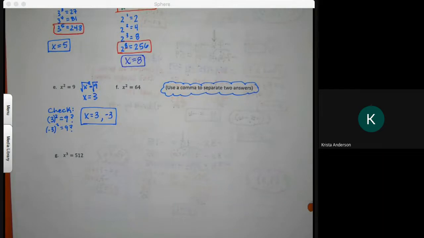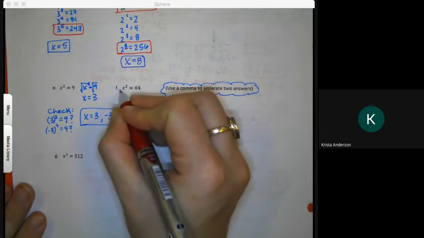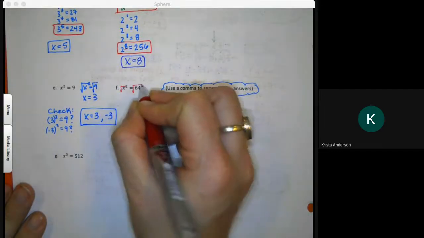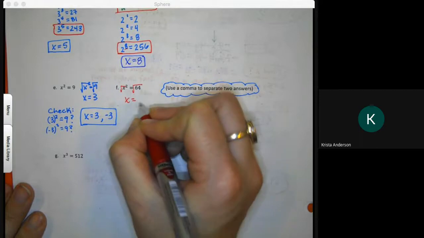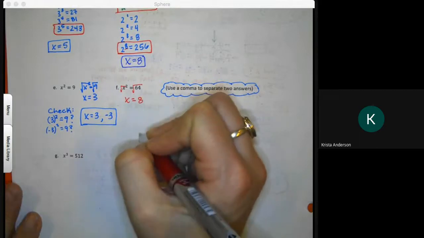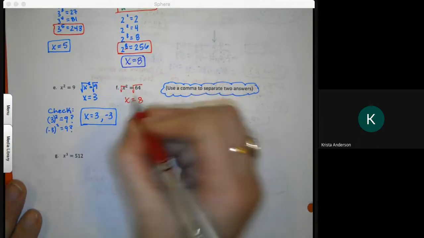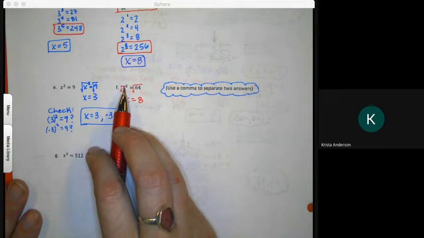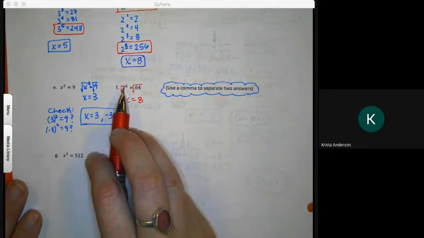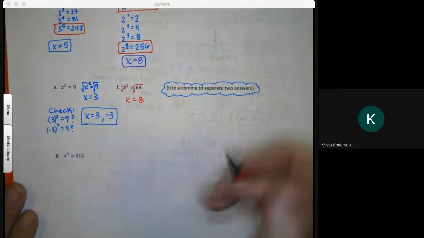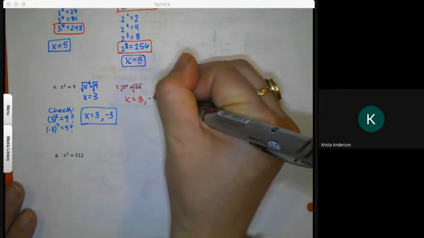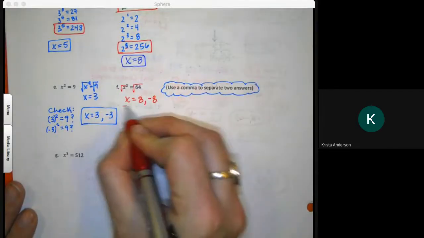So if I apply that to F over here, when I square root it, x equals 8. Now, because it's a squared, what other number squared would also be 64? A negative 8.